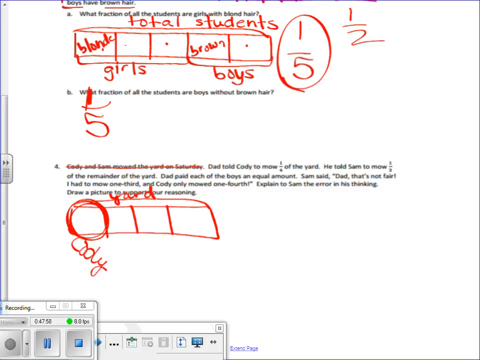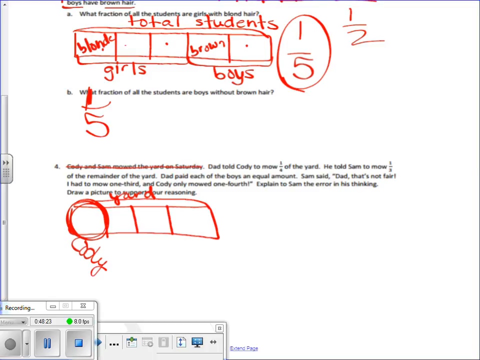Now we got 1/3. He told Sam to mow 1/3 of the remainder of the yard. Isn't it easier when you have a tape diagram? Yes, ma'am. When you have a visual. This is why I was like, I gotta be able to do tape diagrams. Visual, so you can see it.